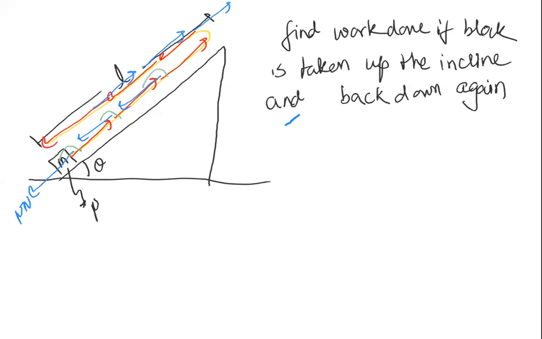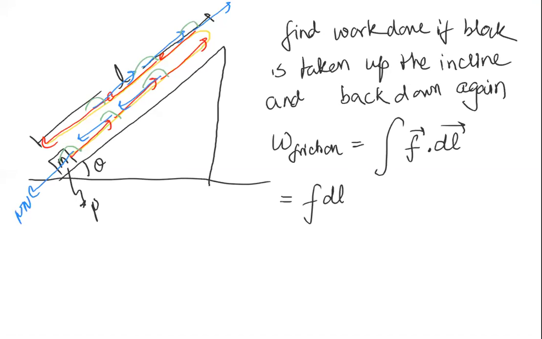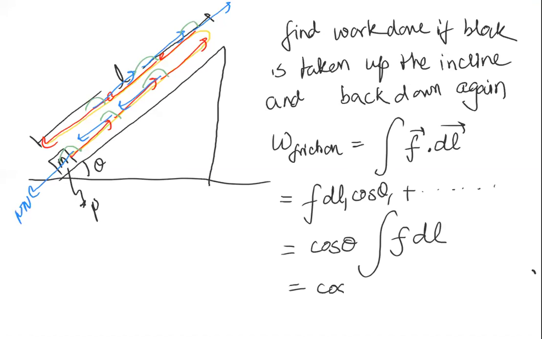The angle between force and displacement is always 180 degrees. Therefore, work done by friction, which is equal to integral f dot dl, will be equal to f dl1 cosine theta 1, will be equal to cosine theta integral f dl, will be equal to cosine theta f, f being a constant.